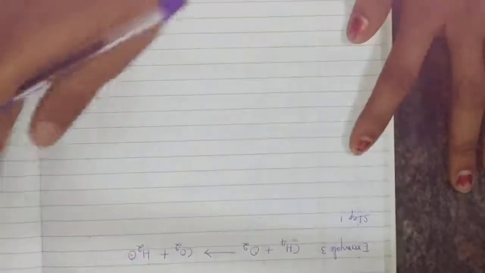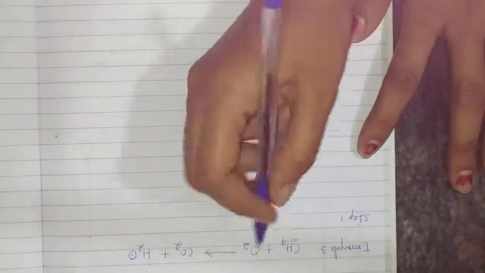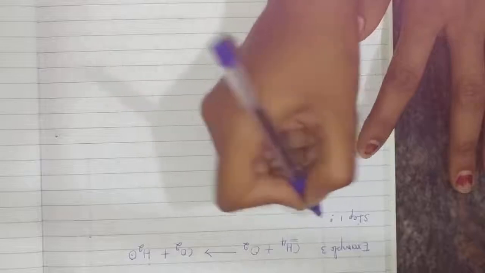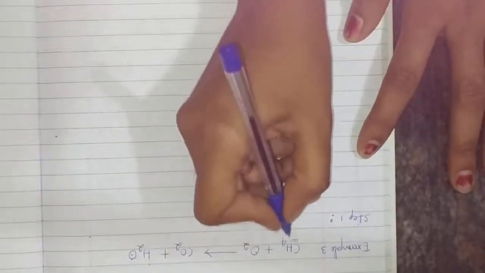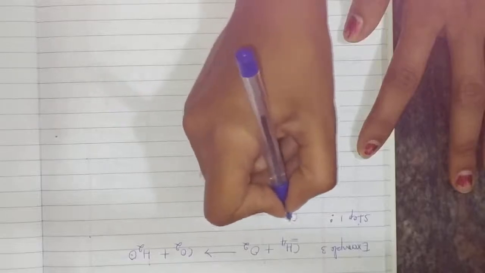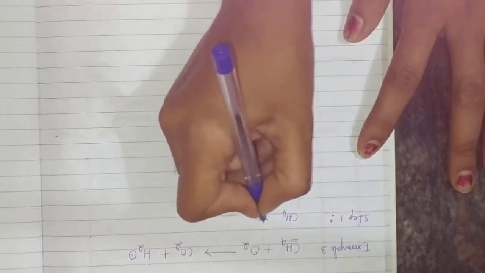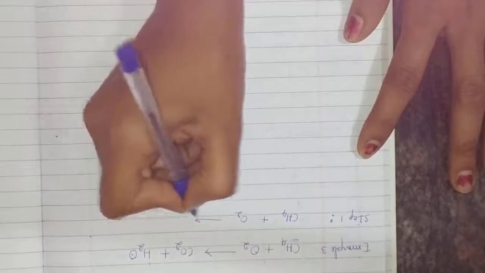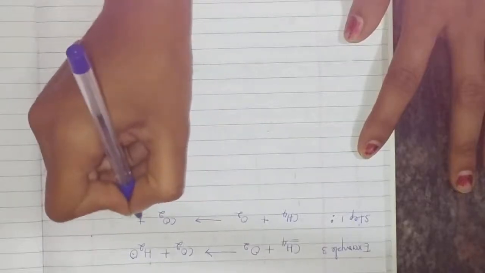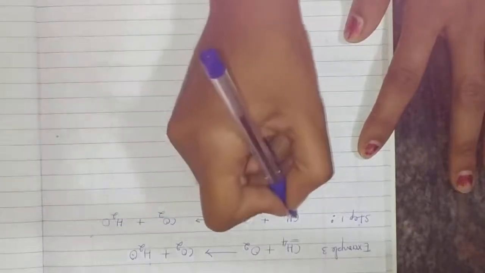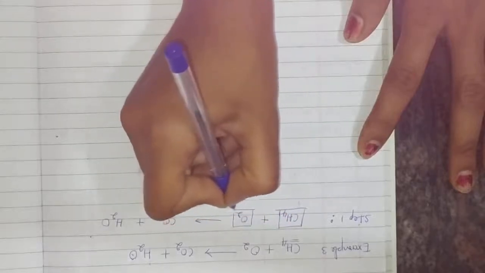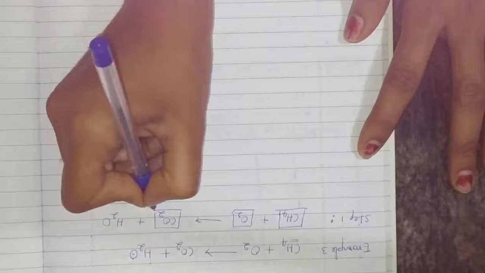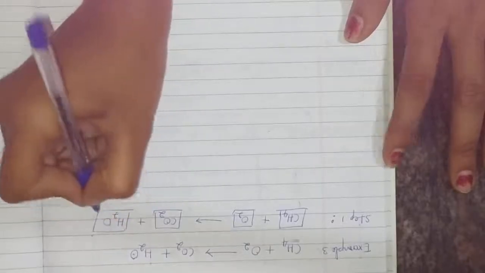Step 1. I will not write all the sentences, I will just tell in words. In the first step we will put boxes around each chemical formula.